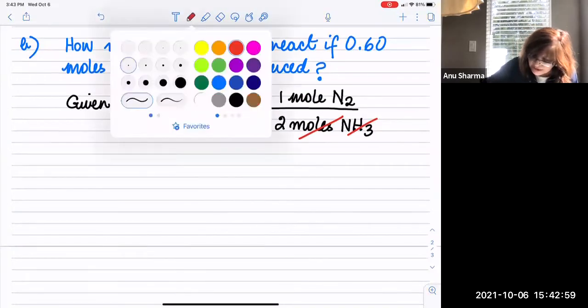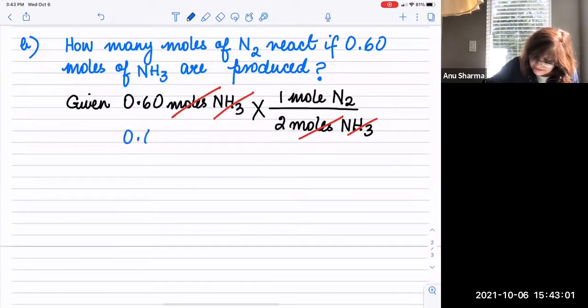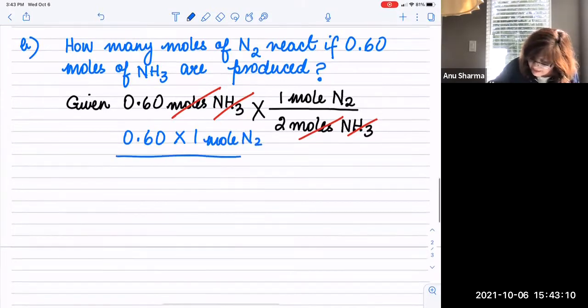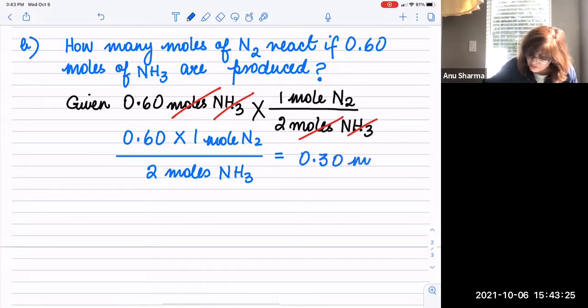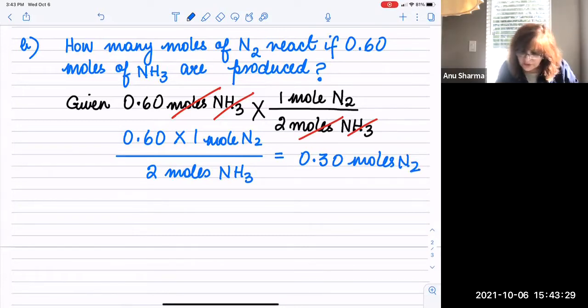So we will just put here 0.60 times 1 mole of nitrogen, because that's the unit that's left, divided by 2 moles of ammonia, NH3. And so here the answer comes out to be 0.30 moles of nitrogen.